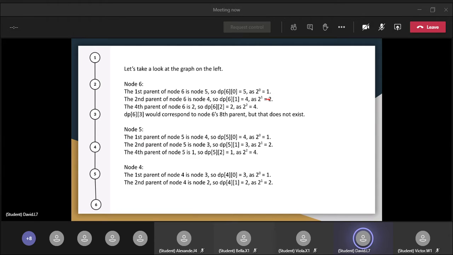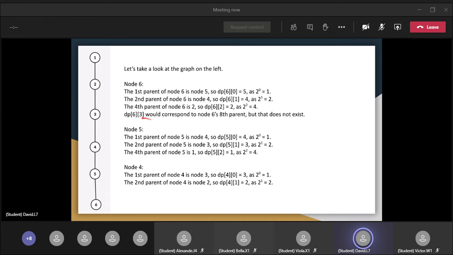And since 2 to the power of 1 is 2, we can say that DP of 6, 1 stores the second parent of node 6, which is node 4. So DP of 6, 2 should store the 2 squared parent, or the fourth parent of node 6, right? So 1, 2, 3, 4, which gives us 2. So DP of 6, 2 is equal to 2.